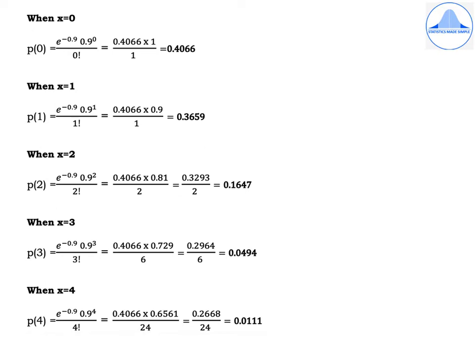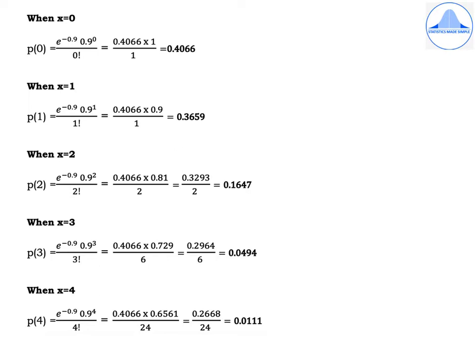To fit a Poisson distribution, we need to find out the probabilities, that is P of 0 till P of 4, and then these probabilities are multiplied with capital N to get the theoretical frequencies or the expected frequencies. So let us now substitute x equal to 0 in the PMF.